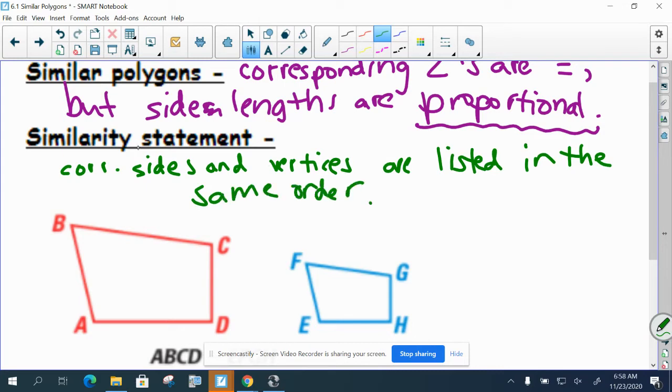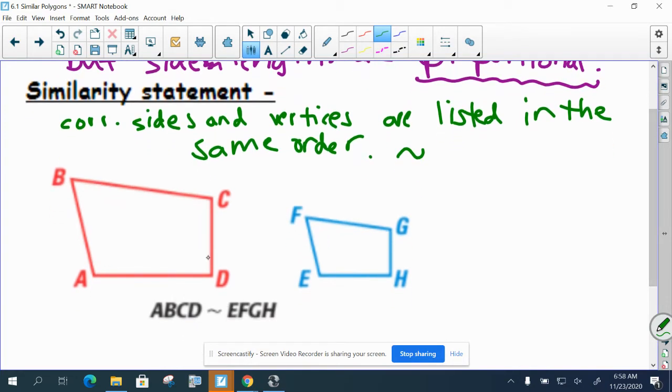And the symbol we use for similarity is just a little squiggle, the tilde sign. Where for congruent, we use the tilde and equals underneath. This just means proportional to, similar to. So here we have polygon ABCD, EFGH, and we have this as an example of a similarity statement. We just say ABCD is similar to EFGH.